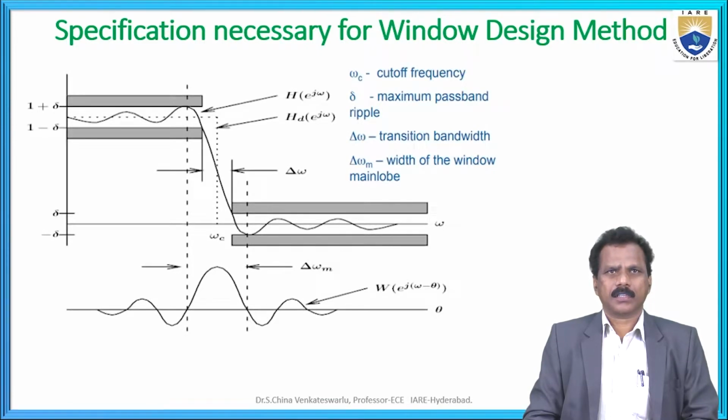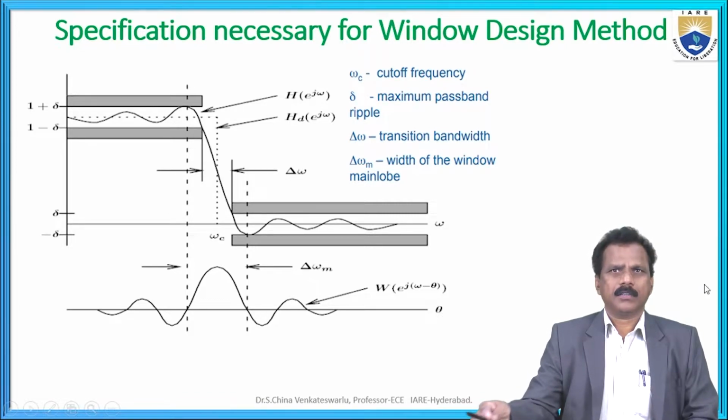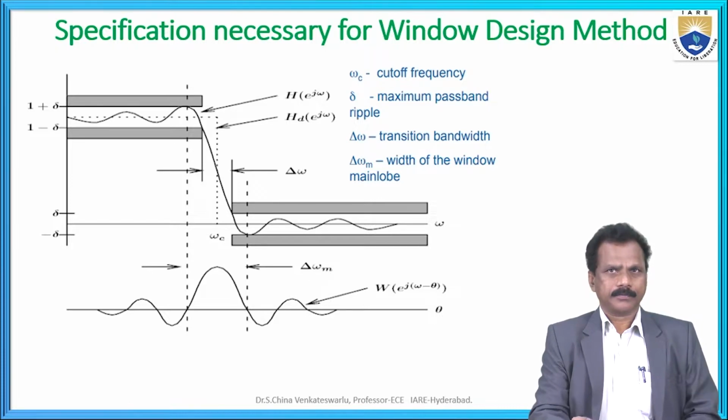Here, omega c is the cutoff frequency. H of e power j omega, delta is the maximum passband ripple, and the desired frequency response is D of e power j omega.